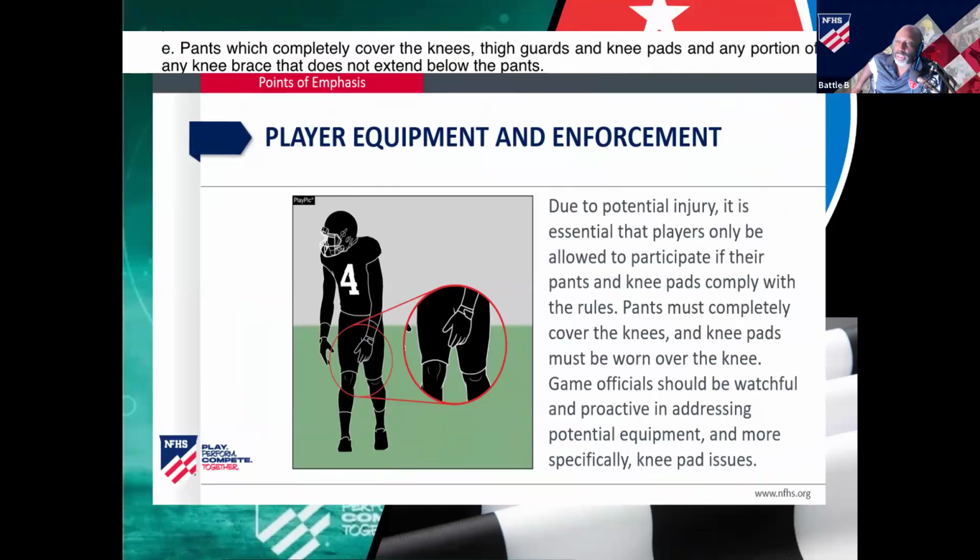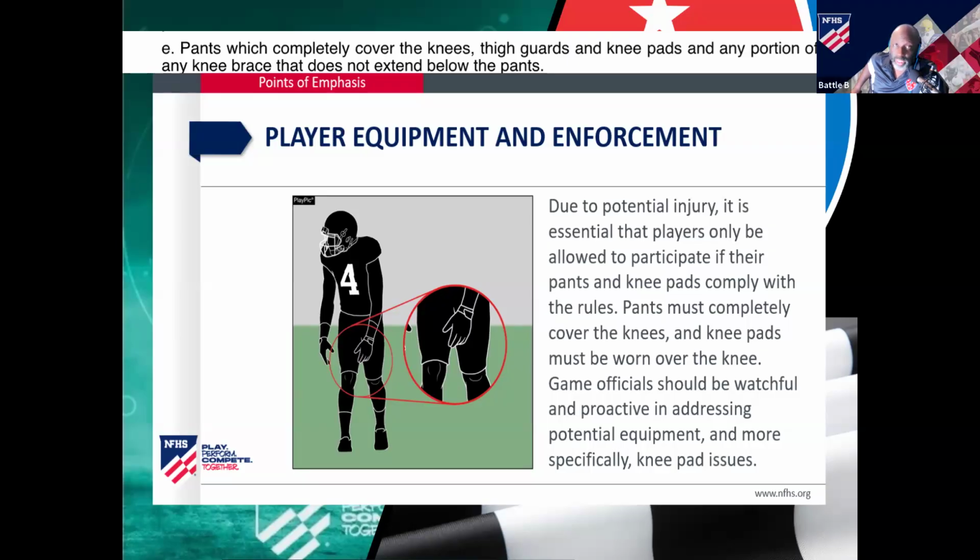Due to the potential injury, it is essential that players only be allowed to participate if their pants and knees completely comply with the rules. Pants must completely cover the knees. Knee pads must be worn over the knees. Game officials should be watchful and proactive in addressing potential equipment and more essential knee pad issues.